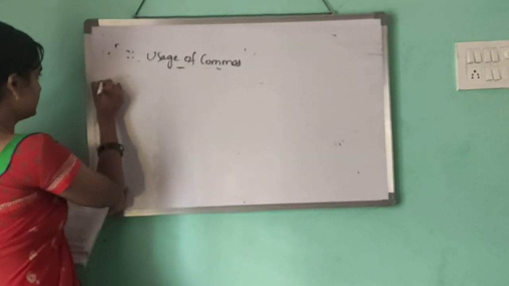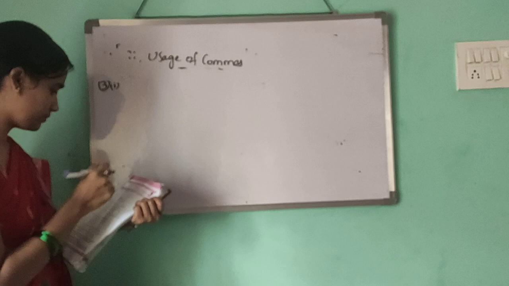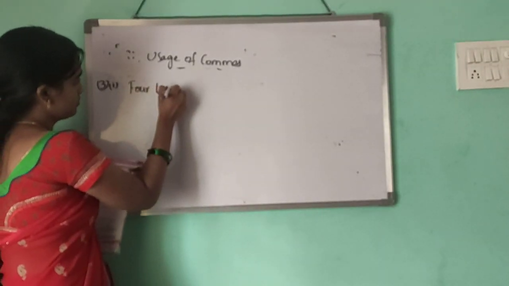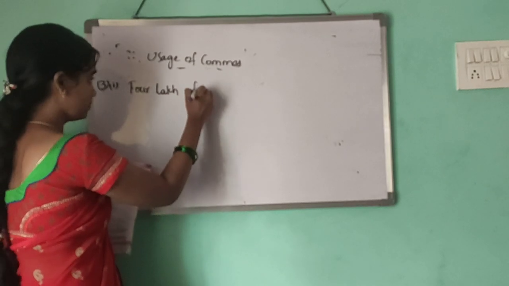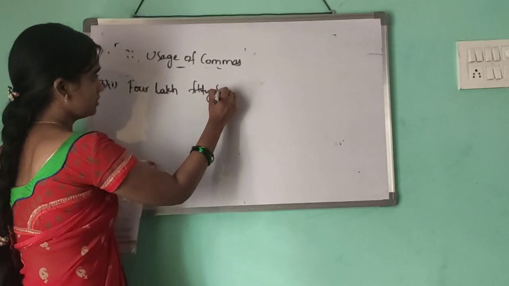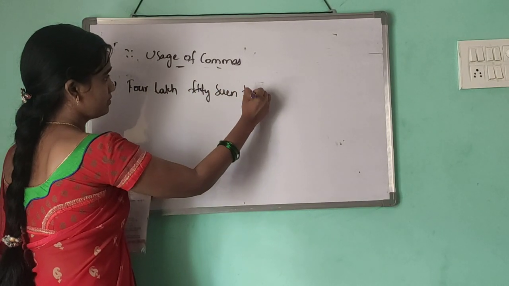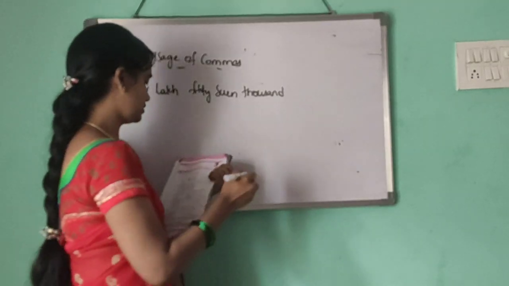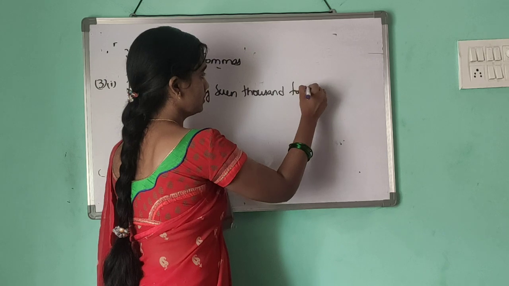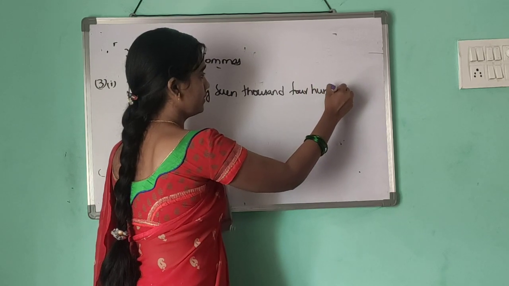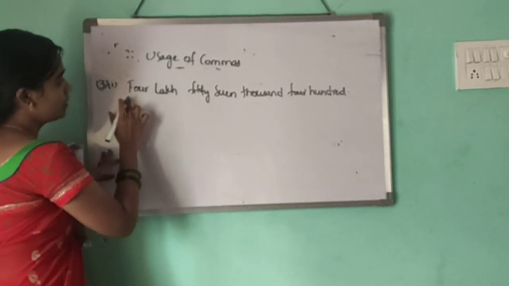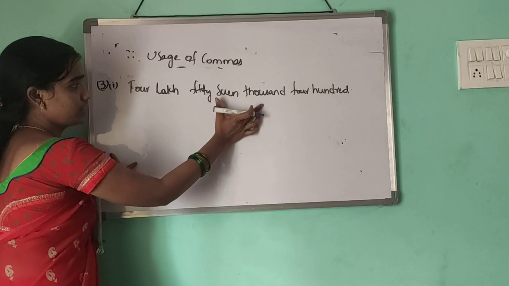Move on to the third one, first bit. Four lakh 57,400. How can we write? See, 4 lakhs 57,000.